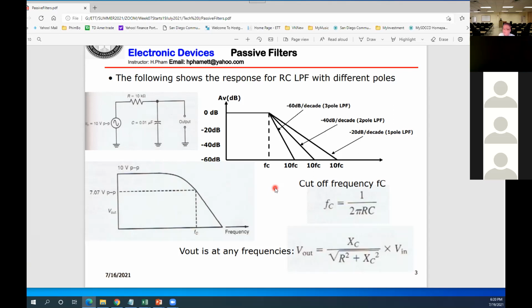That is not a good filter. That is the different price for your cell phone. So now you understand. You can get a minus 20 dB or 40 dB or 60 dB.